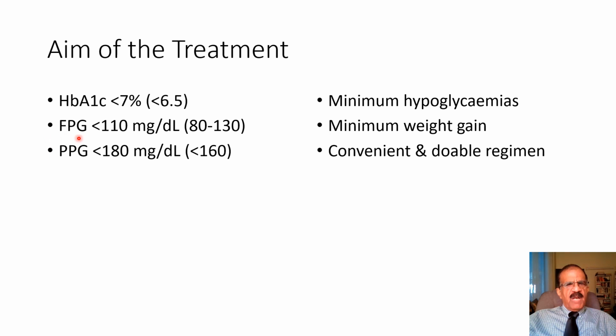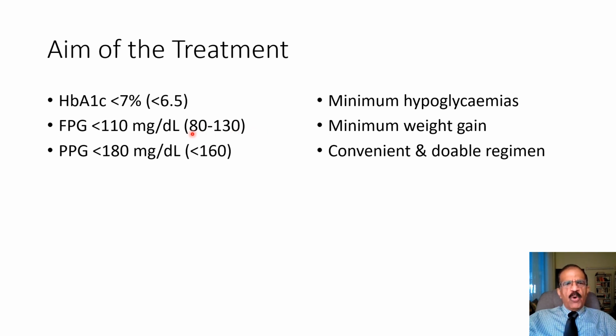And fasting plasma glucose ideally between 100 and 110. The range is 80 to 130. This is again ADA. Other societies give 70 to 120, but I think you should follow just one, 80 to 130.